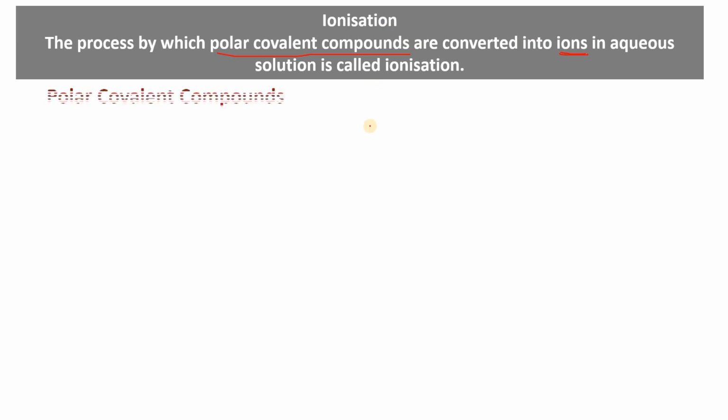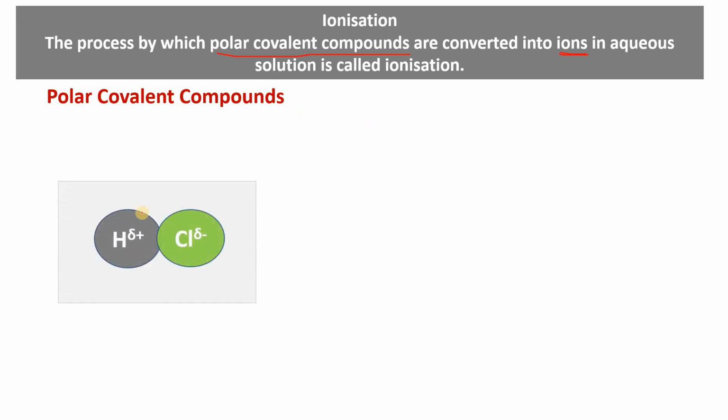Let's take a simple polar covalent compound, which is hydrogen chloride. Hydrogen chloride is a polar covalent compound. It is a covalent compound because it is formed by sharing of electrons. But still, due to a slight difference in electronegativity between hydrogen and chlorine, hydrogen acquires a small positive charge, whereas chlorine acquires a very small negative charge.